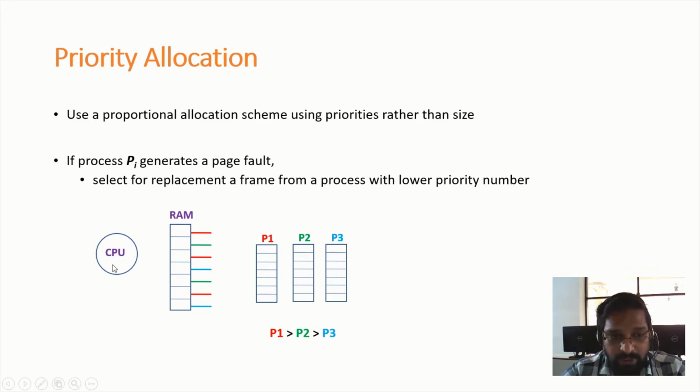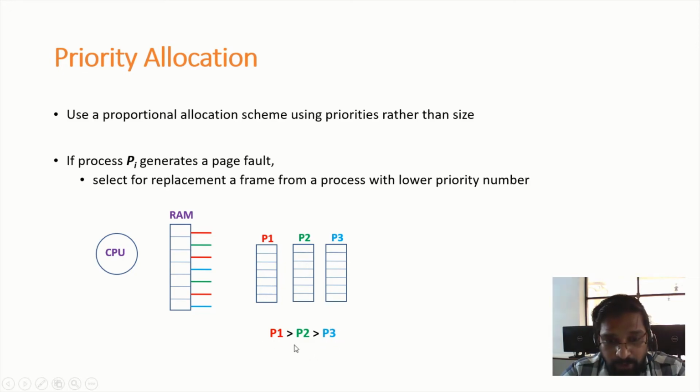Now let us assume that the CPU is executing process P1. To execute process P1, 3 frames have been allocated inside the RAM. But to continue the execution of process P1, it needs one more additional frame. Where can we get this additional frame? We can get it from a lower priority process.